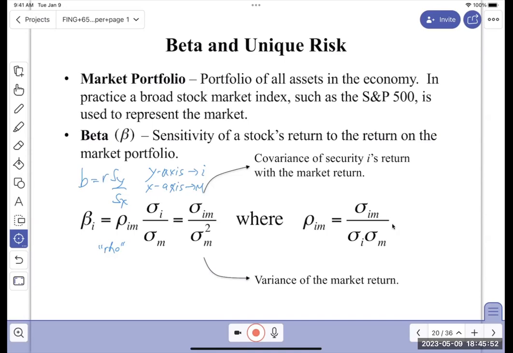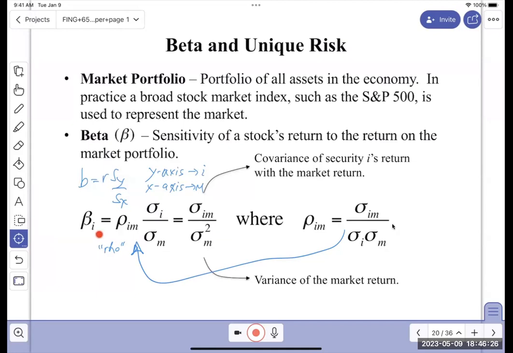And similarly, we can make a substitution. We can put this as the covariance, put the correlation substitution in here, and you'll see that this term here, the standard deviation of I, cancels with this one, and you're left with this term for beta, which reflects that it is spreading out the covariance per unit of the market, the variance of the market returns.